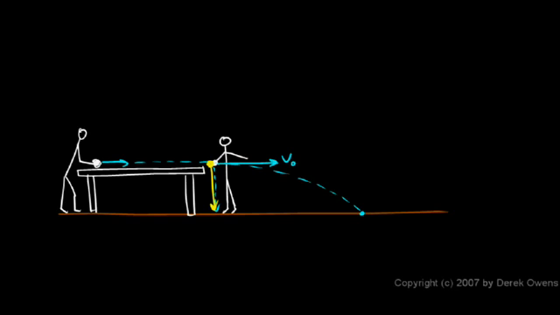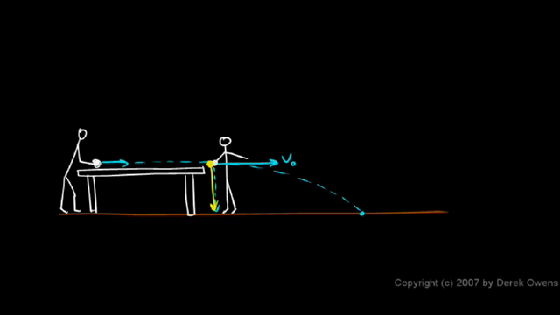You could send this one flying really fast or just very slowly, but the horizontal speed won't affect the time that it takes to fall this vertical distance to the floor. And the one that is released with no horizontal velocity will fall at the same time. So they'll both be moving downward.